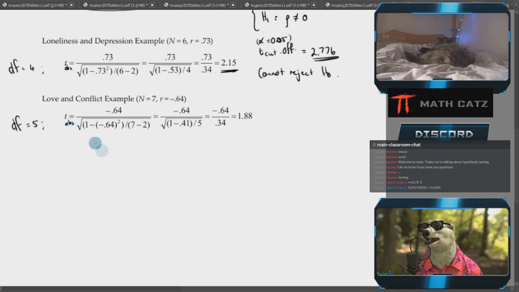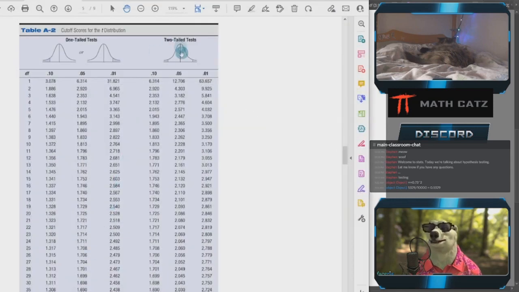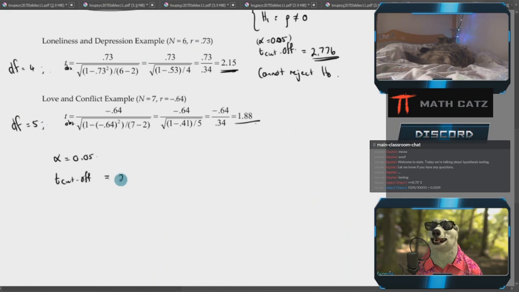Our observed t-score is calculated to be 1.88. For an alpha of 5%, we get our t cutoff as, degrees of freedom 5, 2.571. And you see again, it's not even close to the cutoff line.